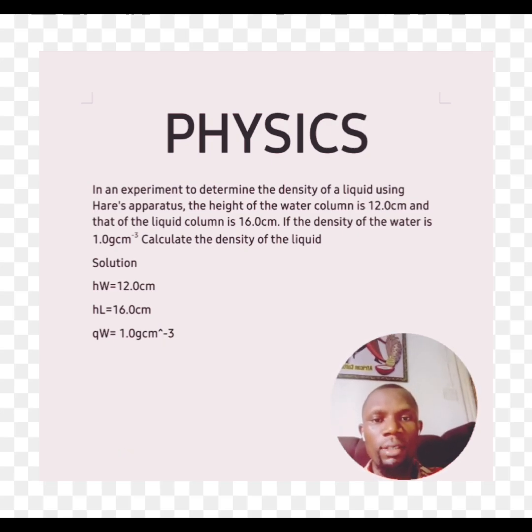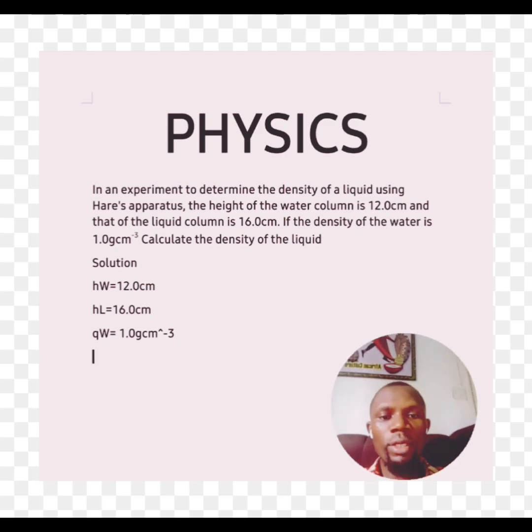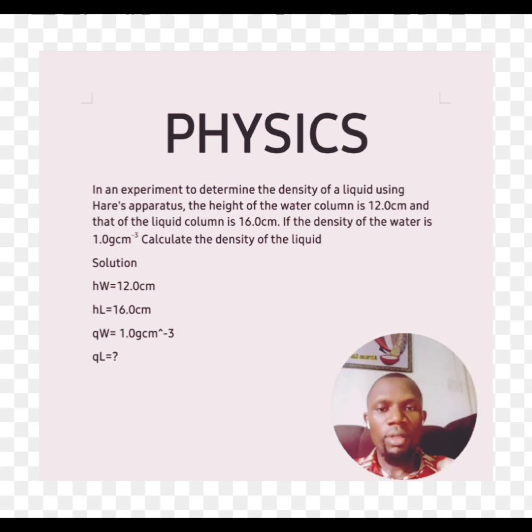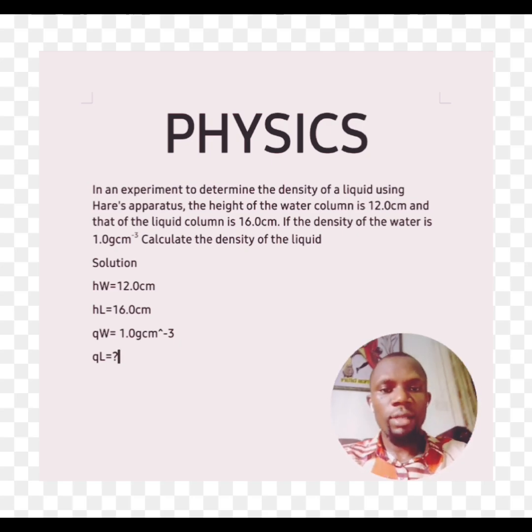That's my density of water. They now said calculate the density of the liquid. That means my density of liquid is unknown. Density of liquid is unknown. That's exactly what we are looking at.